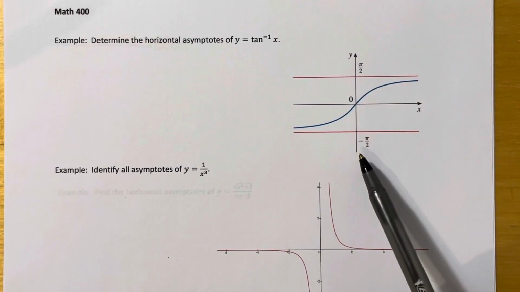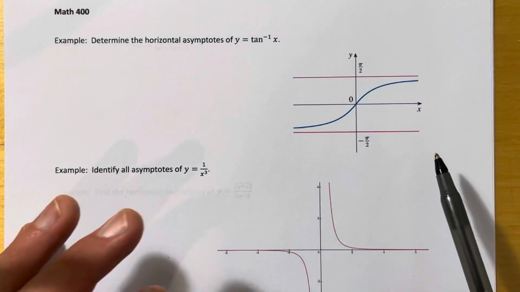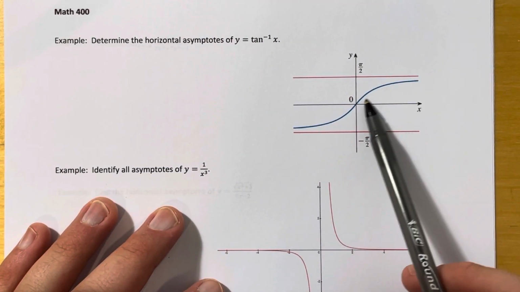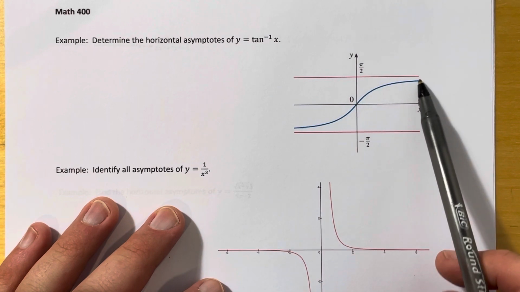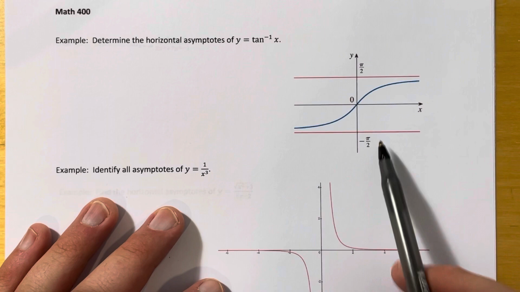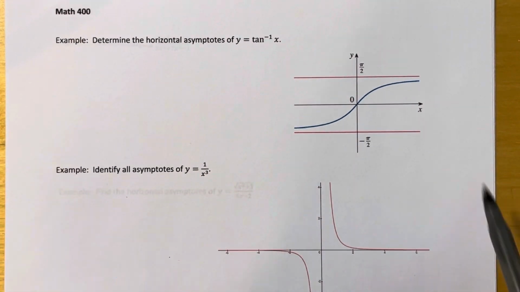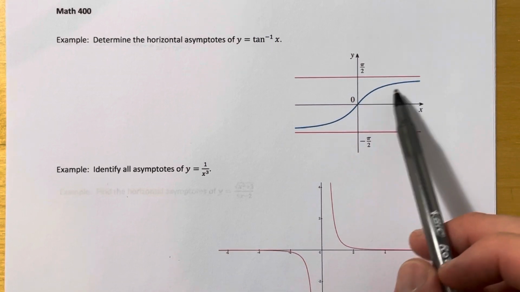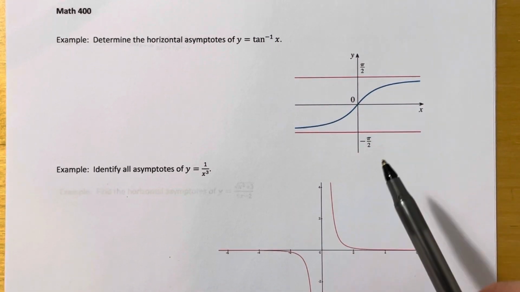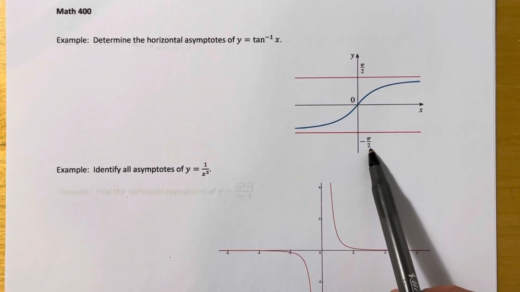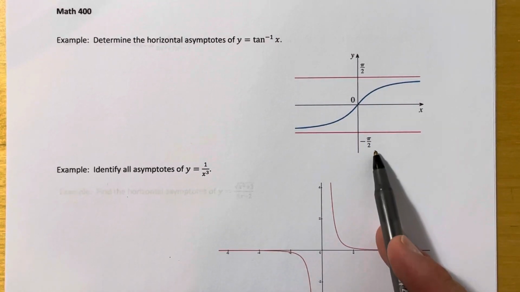So just looking at the graph, what is the end behavior of this function? What's happening as we approach arbitrarily far to the right, or arbitrarily far in the negative direction? Well, I've highlighted the horizontal asymptotes in this case. As x approaches infinity, y is approaching pi over 2. As x approaches negative infinity, y is approaching negative pi over 2.